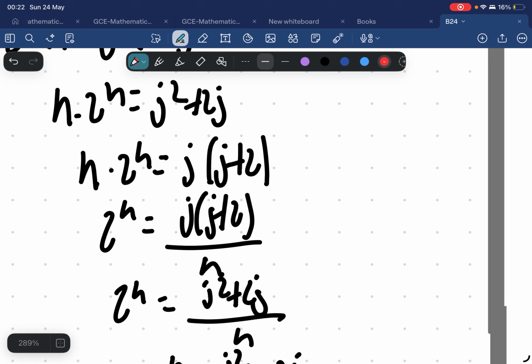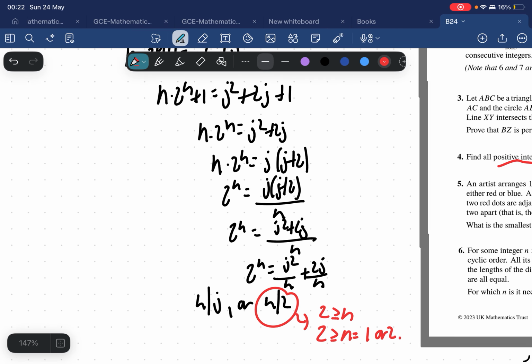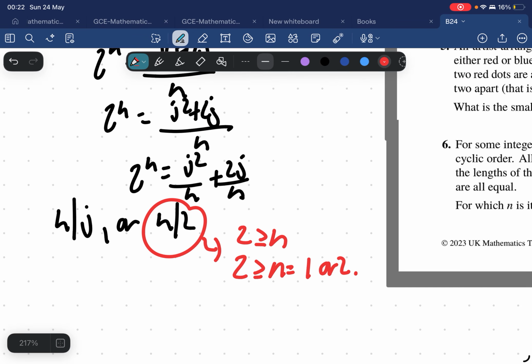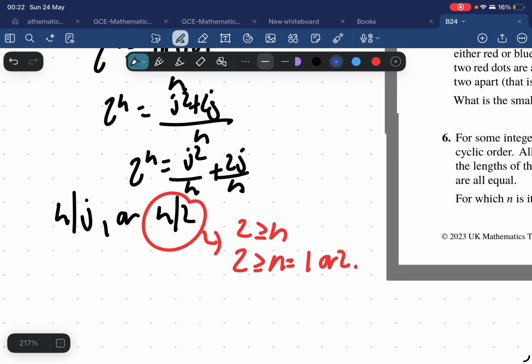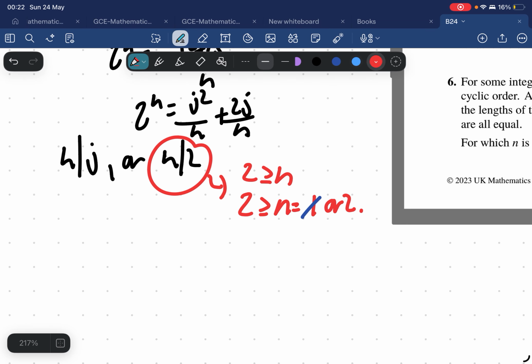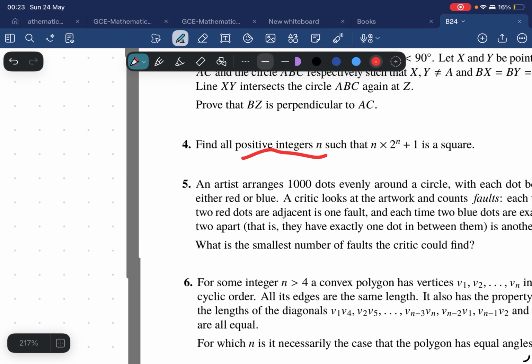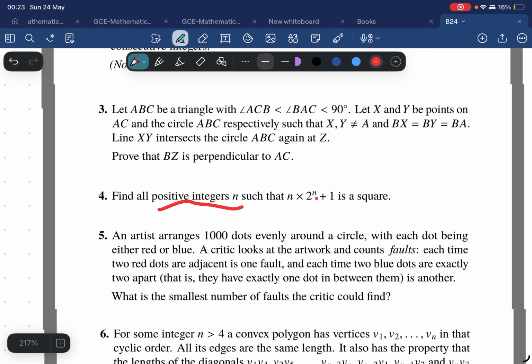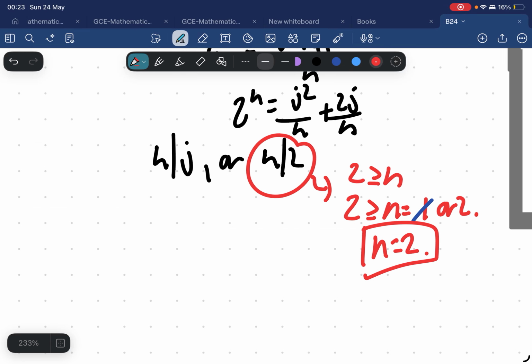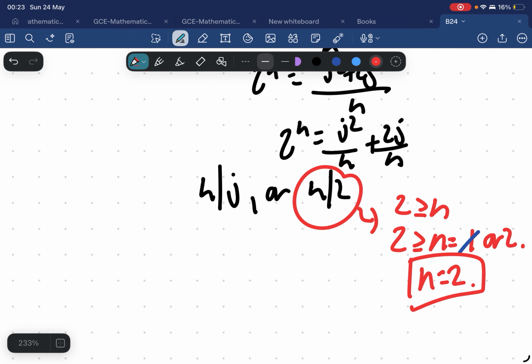So minimum j has to be 2, so then 2 over 2 plus 2. Right, that's not 2, so yeah, it can't be 1. So one case is n equal to 2 then. And checking that, we have 2 times 2 to the 2, 8 plus 1 is 9, a perfect square, perfect.